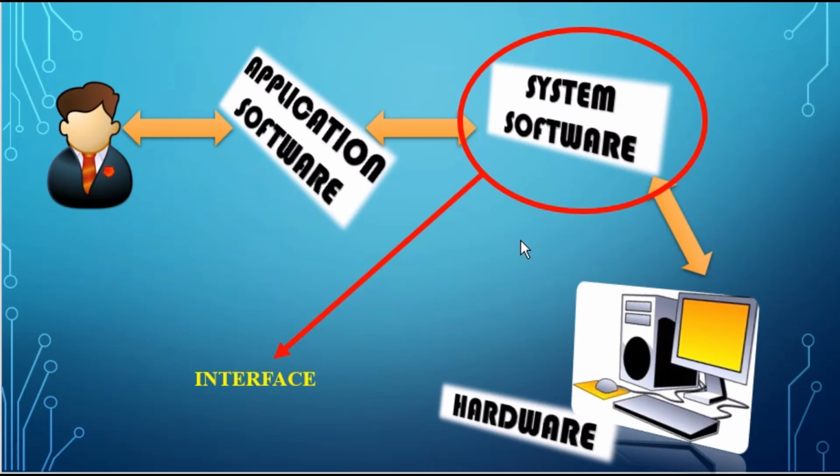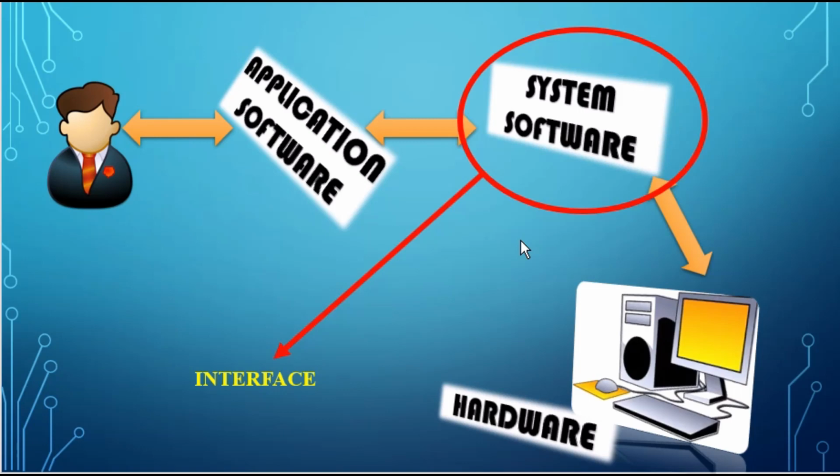To resolve this, an interpreter is required in between. The work of the interpreter is to convert the human instructions to machine understandable form that the computer can understand, and that is basically the system software.